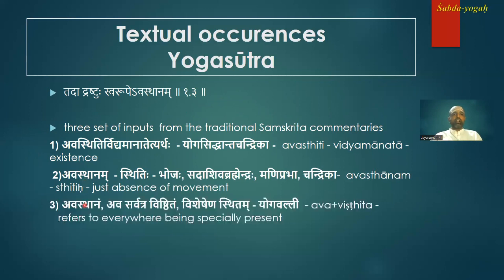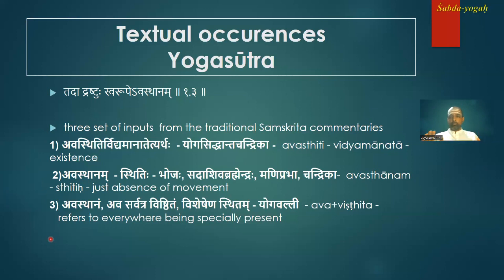That's all. And in Yogavalli commentary by Yogacharya Krishnamacharya, we see Avasthanam, Ava Sarvatra Vishchitam Visheshena Sthitam. It is seen in two parts, Ava and Vishchita, where Ava points to Sarvatra, everywhere, and then Vishchitam being especially present.